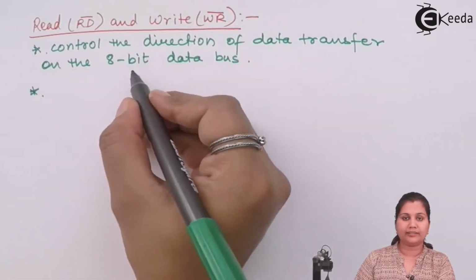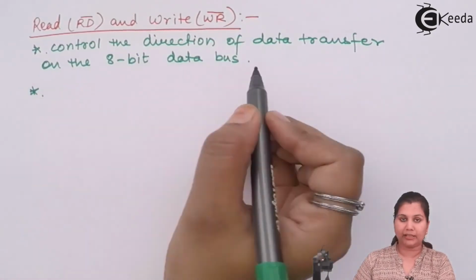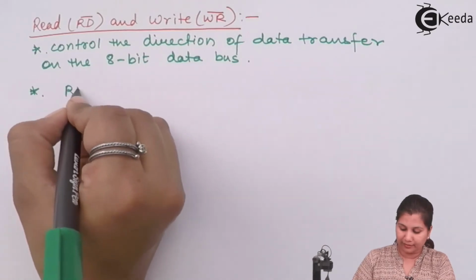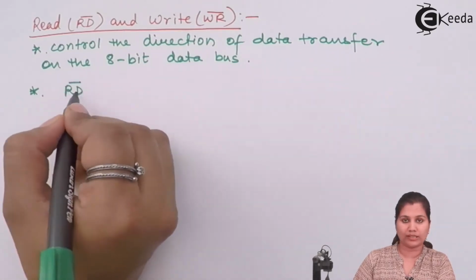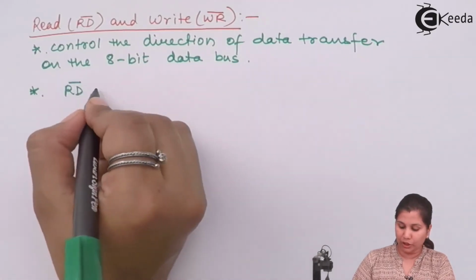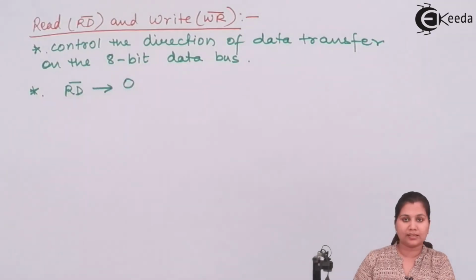So they are controlling the direction of data transfer on the 8-bit data bus. The read signal is an active low signal, it has a bar over it, so it will be active when its value is 0.